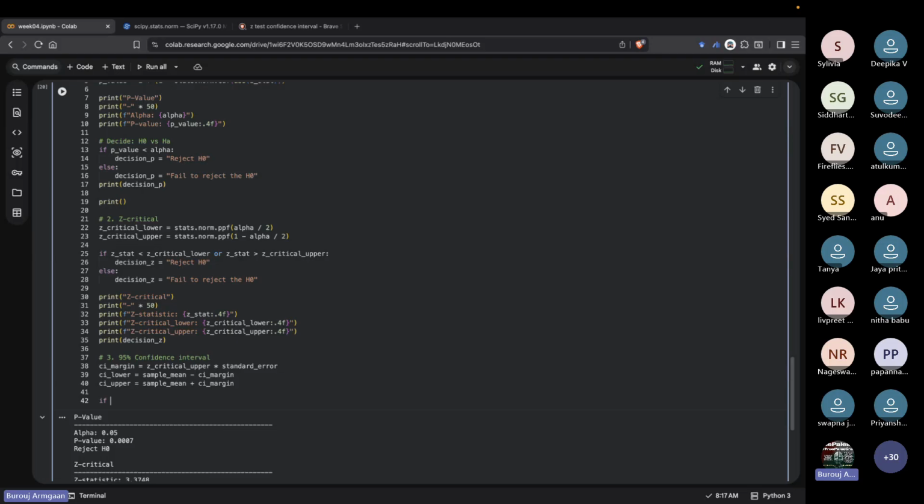You say, if my sample mean is greater than CI lower, or in fact it would be better, the sample mean should be less than, and this should be greater than CI upper. In that case, I will do this.